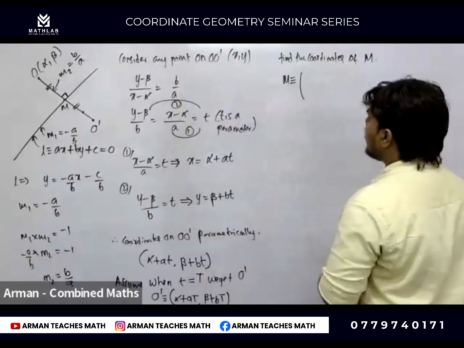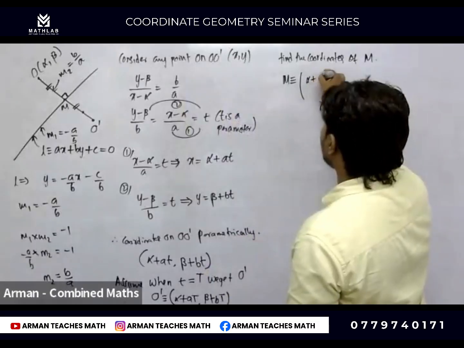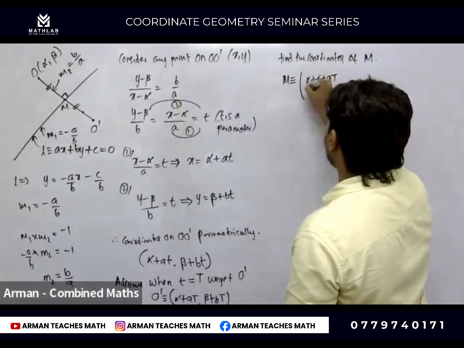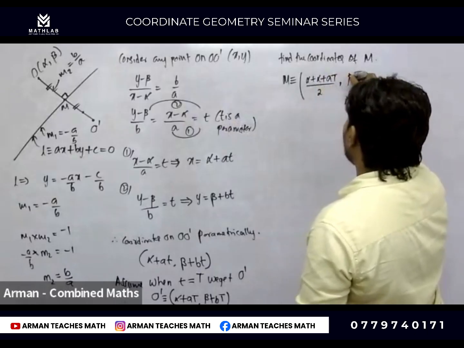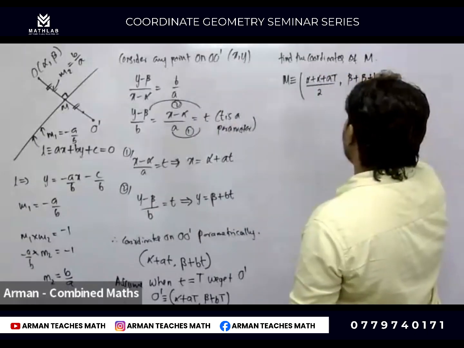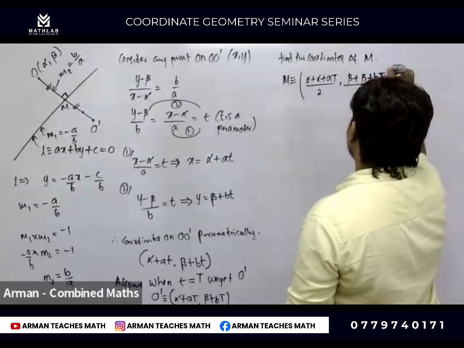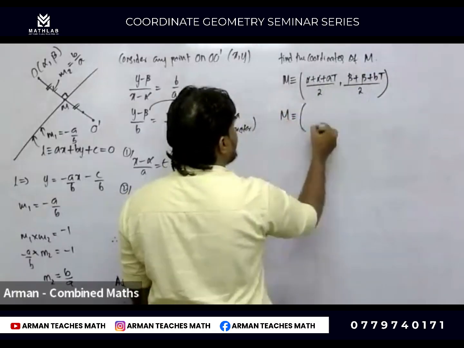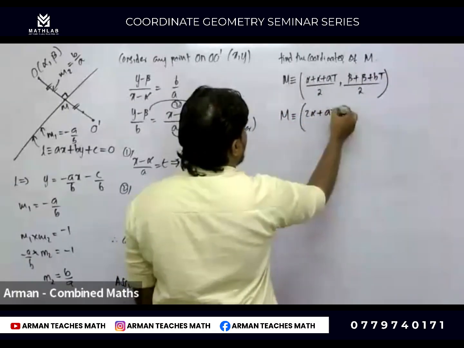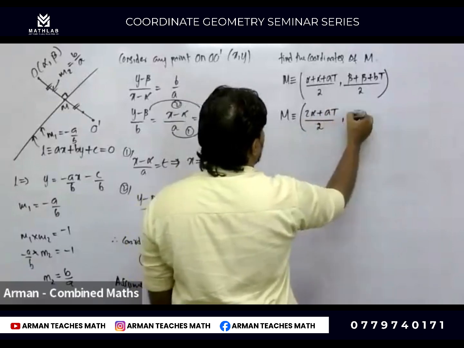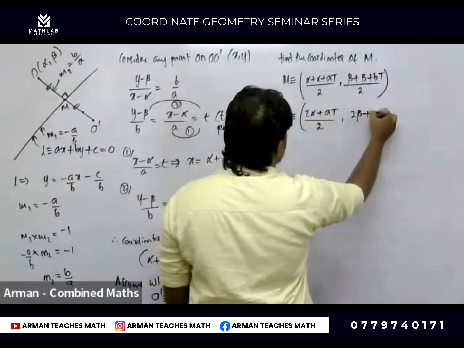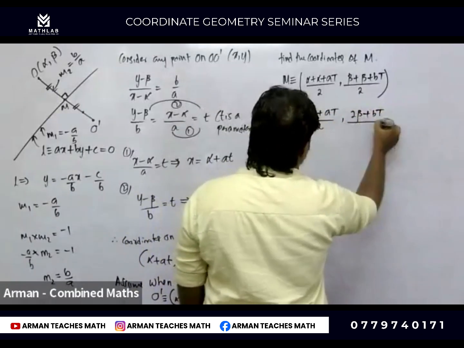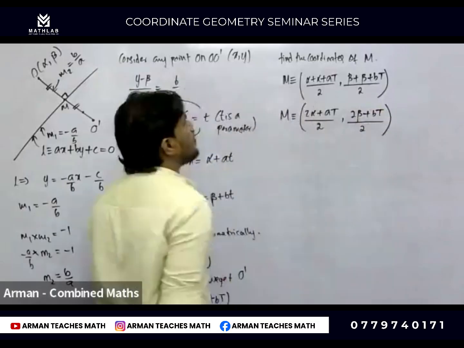Alpha plus A capital T divided by 2, comma, beta plus B capital T divided by 2. So this gives you capital M coordinates: 2 alpha plus A capital T divided by 2, comma, 2 beta plus B capital T divided by 2.